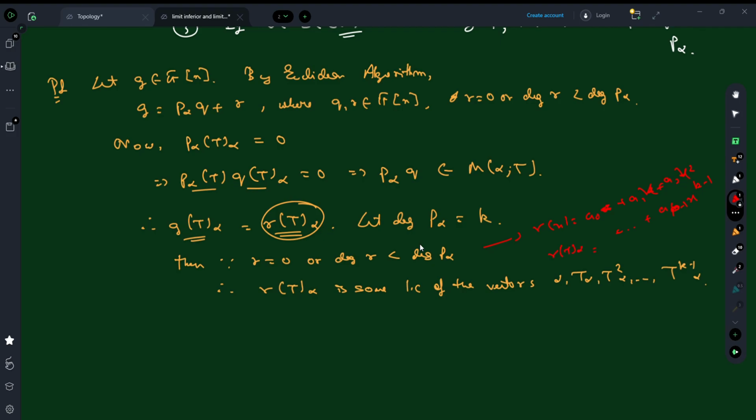It's A naught alpha plus A1 T alpha, and so on till A K minus 1 T to the power K minus 1 alpha. So it's a linear combination of these elements, right? So alpha, T alpha, T squared alpha, and so on till T to the power K minus 1 alpha. Is it clear?